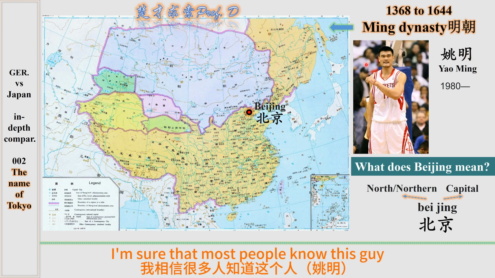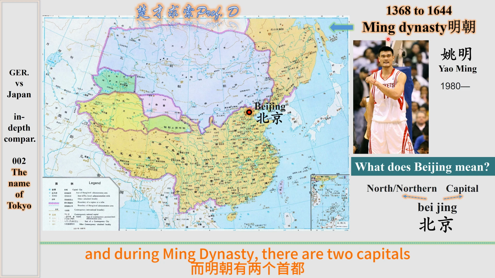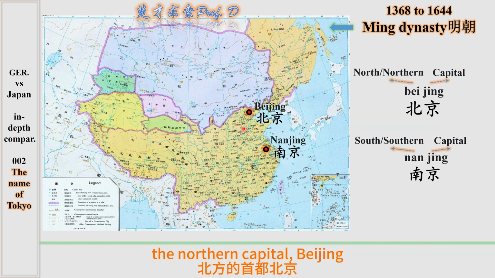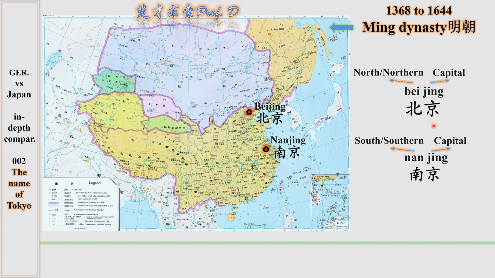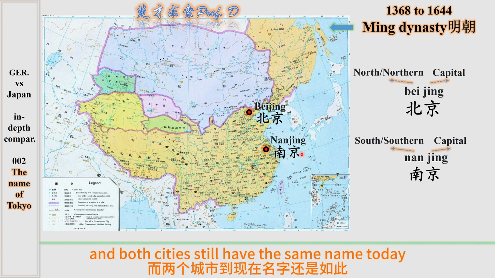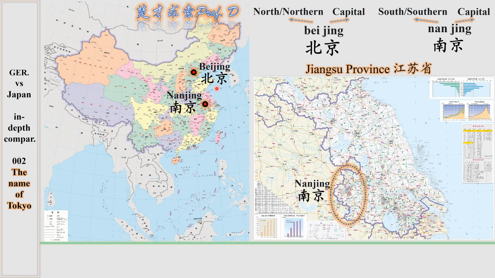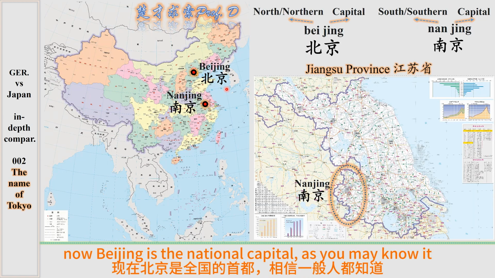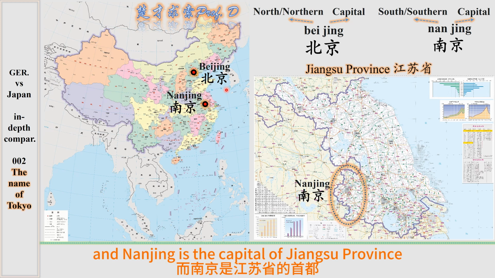I'm sure that most people know this guy. And during the Ming Dynasty, there were two capitals. The northern capital, Beijing, and the southern capital, Nanjing, and both cities still have the same name today. Now, Beijing is the national capital, as you may know, and Nanjing is the capital of Jiangsu province at its southwest corner.